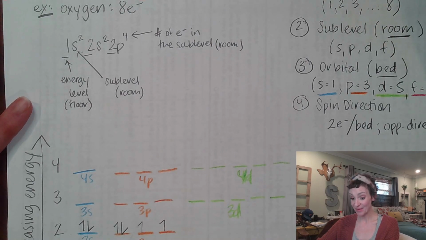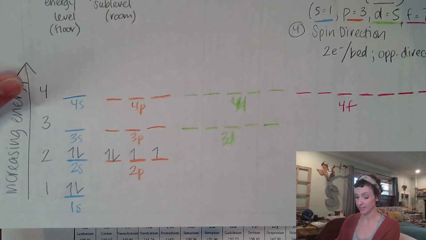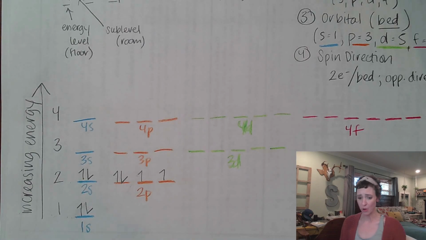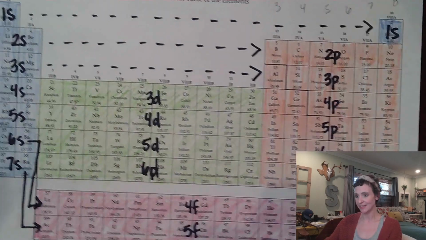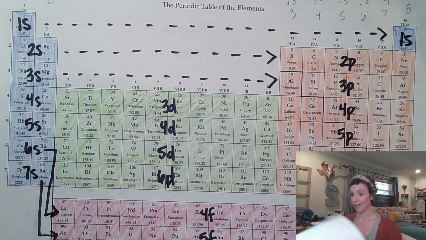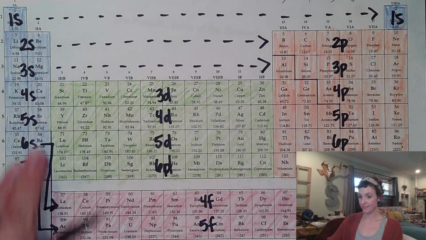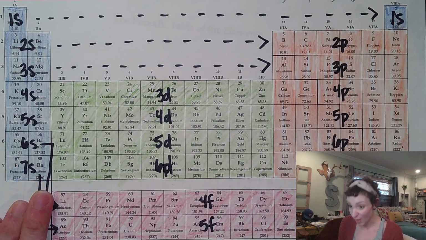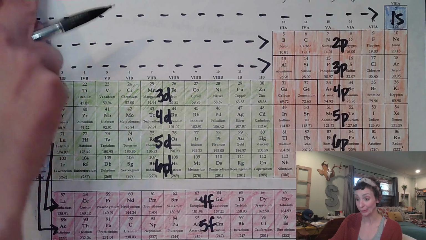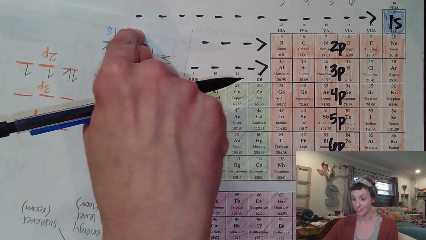Okay, so what I want y'all to do now is turn to your periodic table. Have your Electron Cloud Hotel nearby. I already did this, so I want y'all to just look and see. I told y'all the Electron Cloud Hotel was like an upside down periodic table, where we have what we call here the S block. The S block I have colored blue, and that is the same color that I colored my S rooms on my Electron Cloud Hotel.